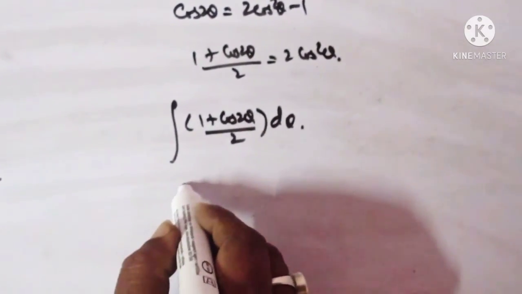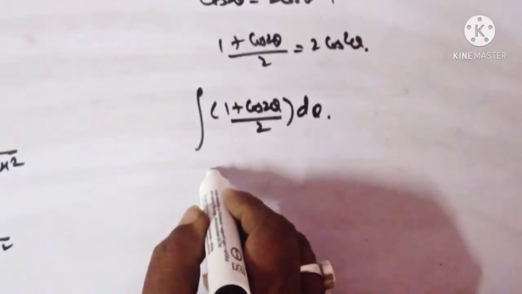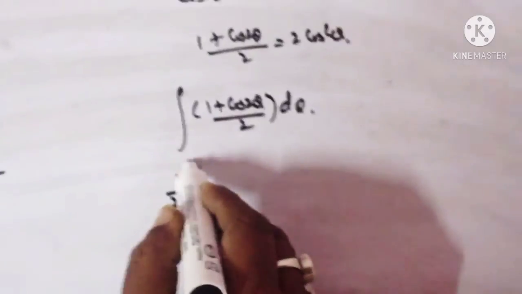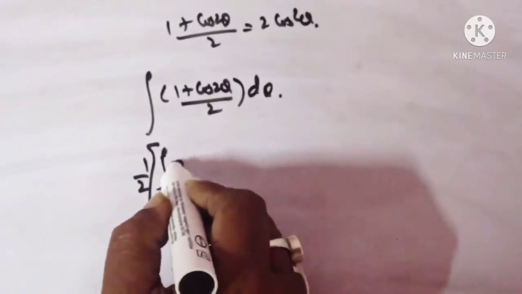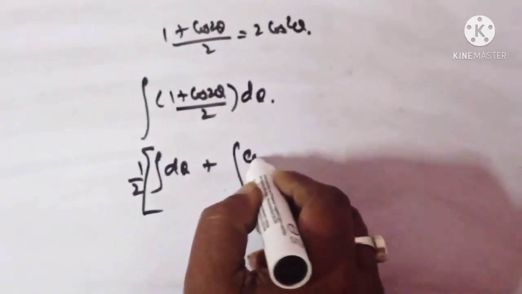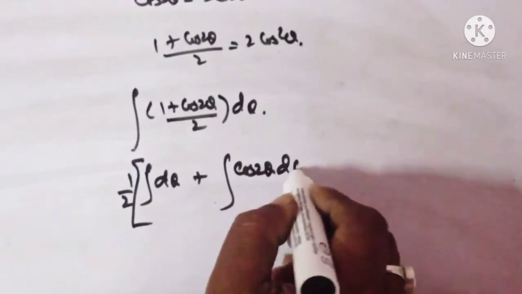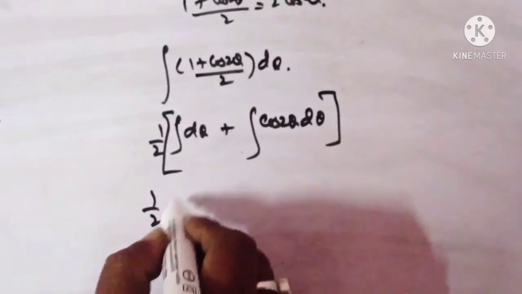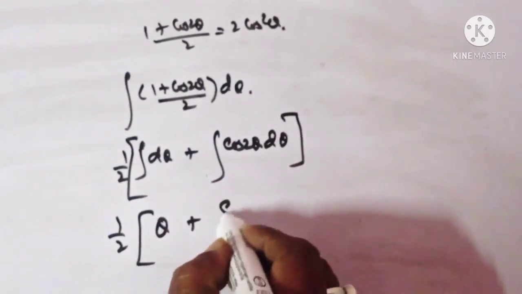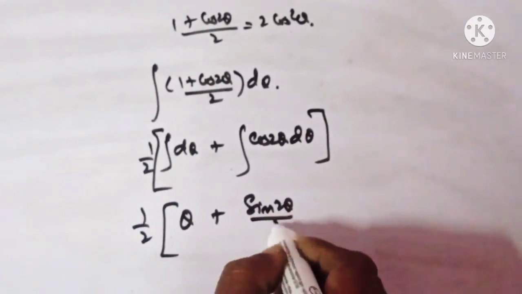So this comes out to be 1 by 2 d theta, and plus cos 2 theta d theta, and now 1 by 2, this is theta, and this is sine 2 theta by 2.